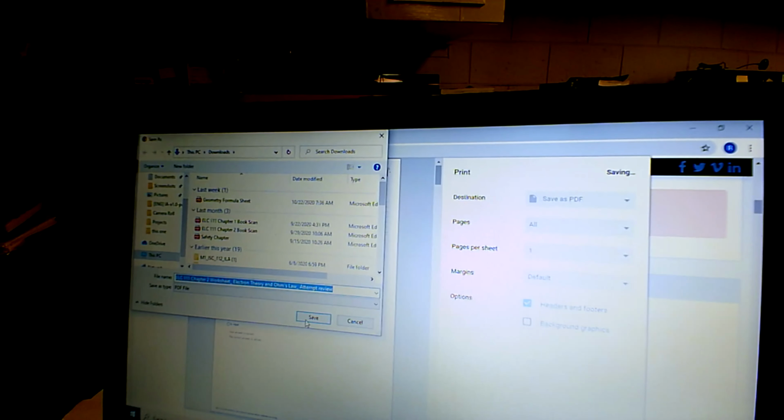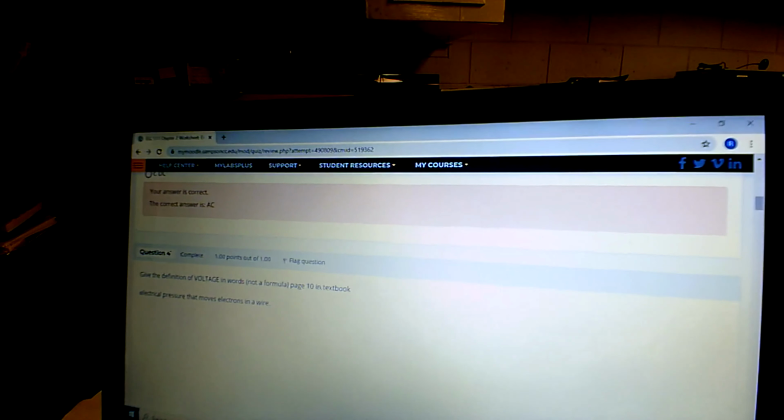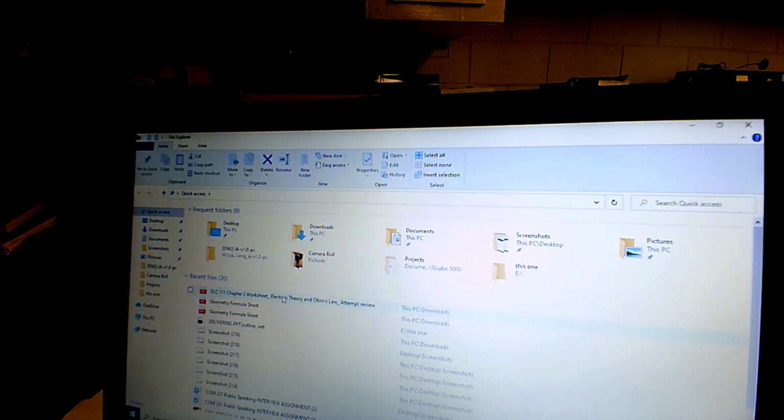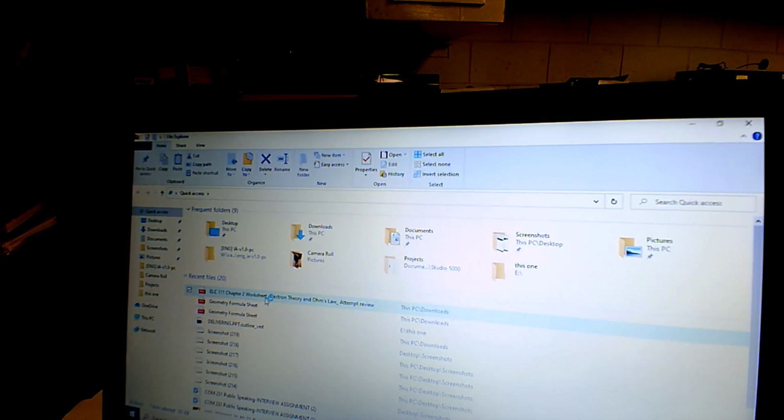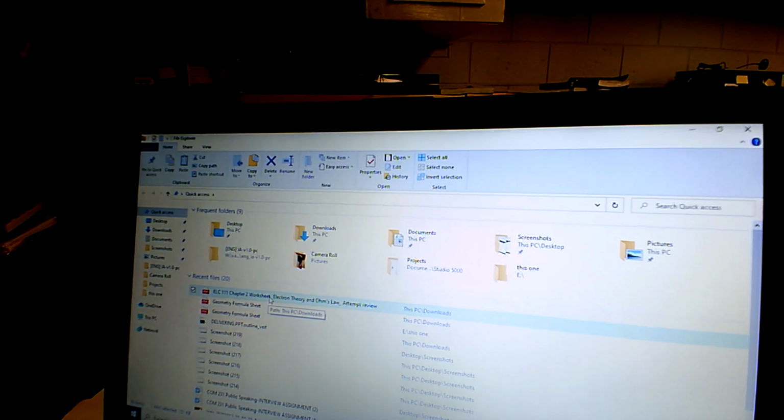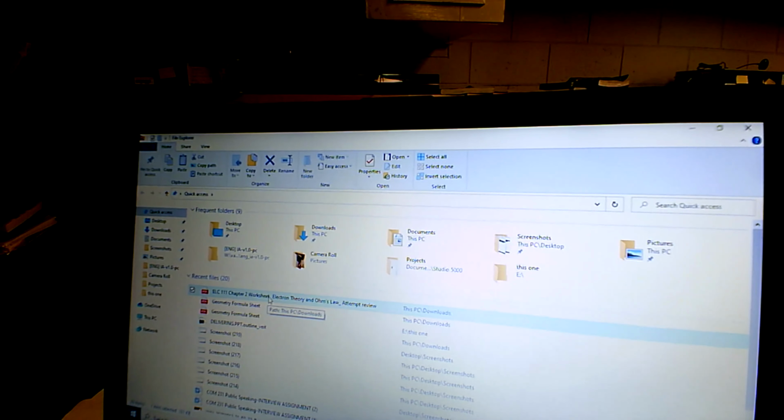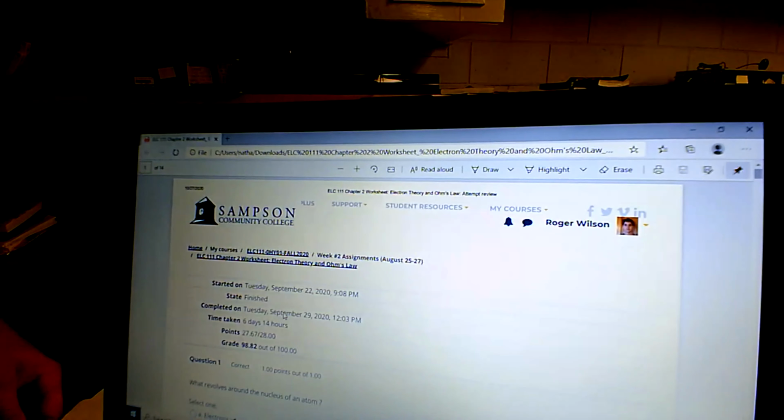Then you pick some folder to put it in and give it a name, and you can save them electronically. You can actually do it on your phone that way and save them on your phone. Give them a name. You can save every one of them on your phone as a PDF, and then you've got a good review right there on your phone, and not even have to print it.